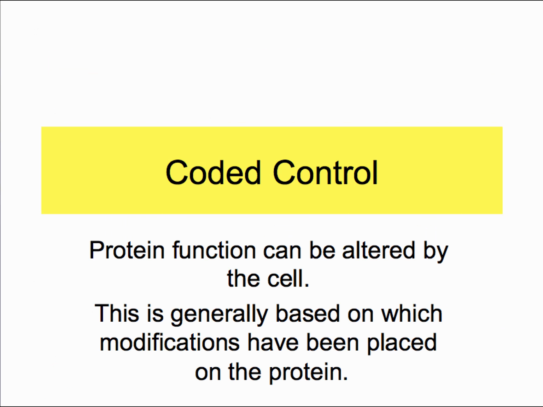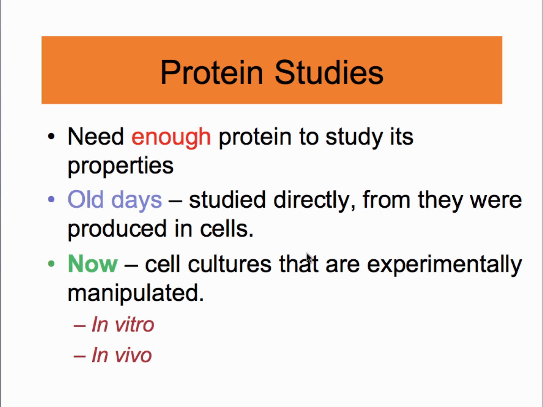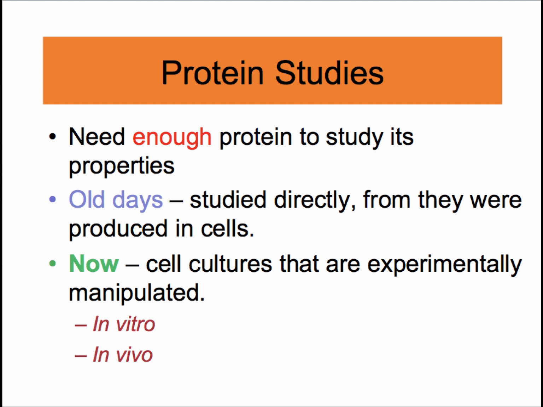So summarizing from the previous slide, we can use the word coded control. Protein functions can be adjusted and altered by the cell depending on circumstances. The final section of the chapter talks about protein studies, revealing how technology has enabled us to study and learn about protein function.